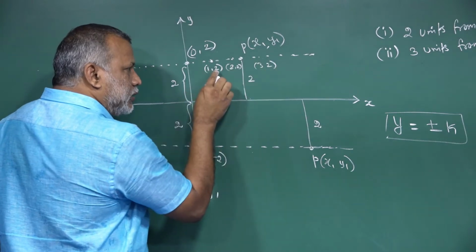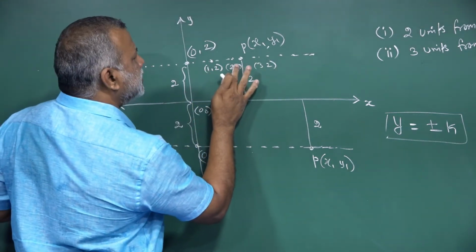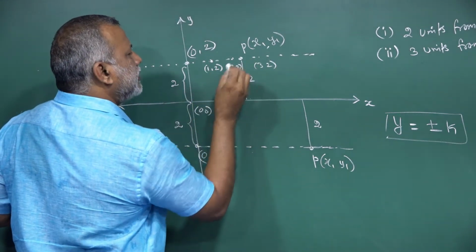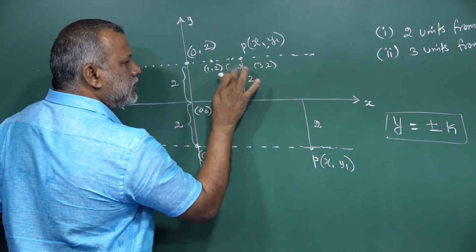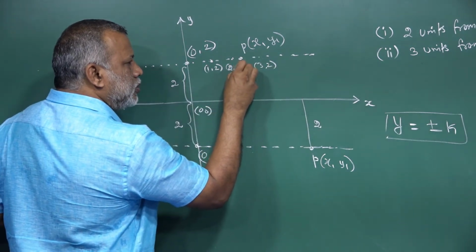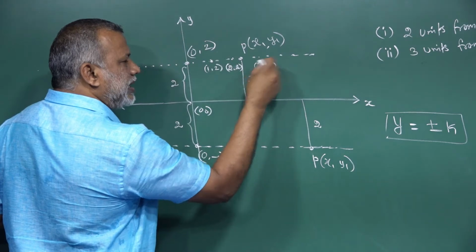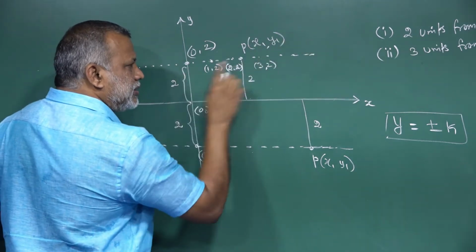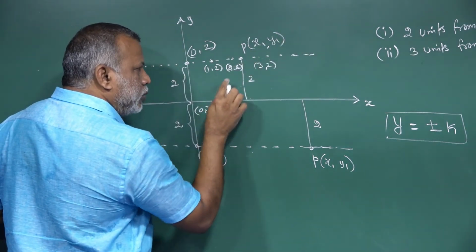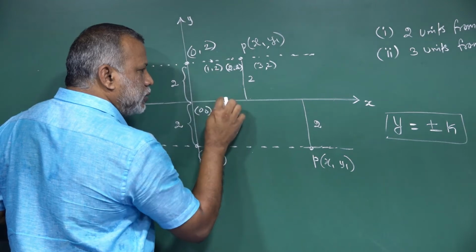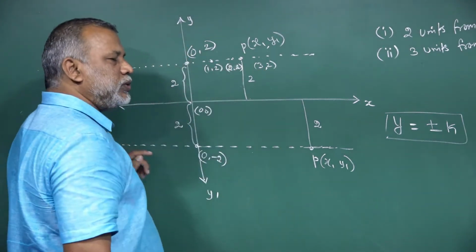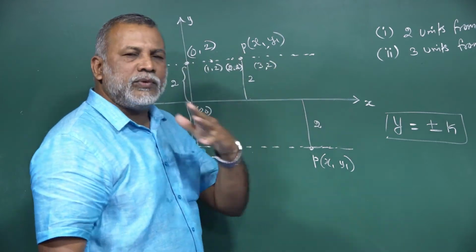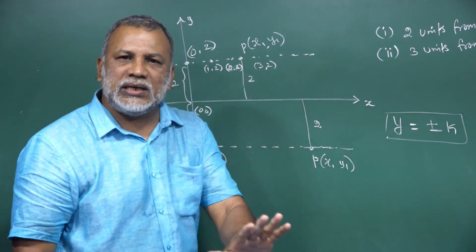See, in all these points, the value of y is 2. Here also the value of y is 2. So on this line, the y value is unaltered.